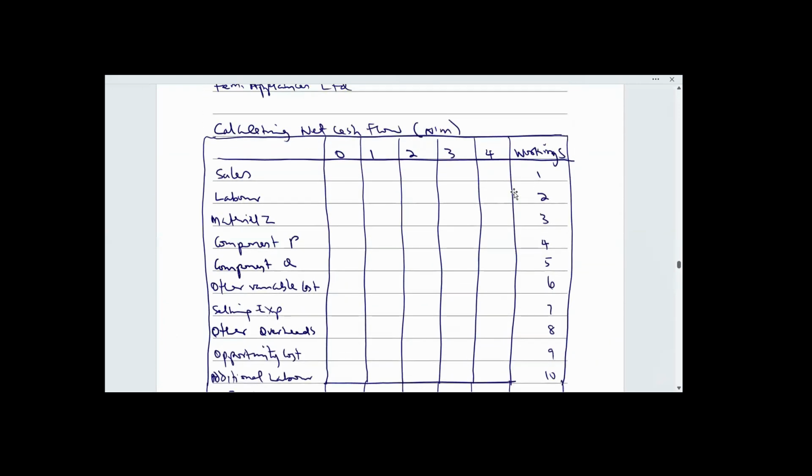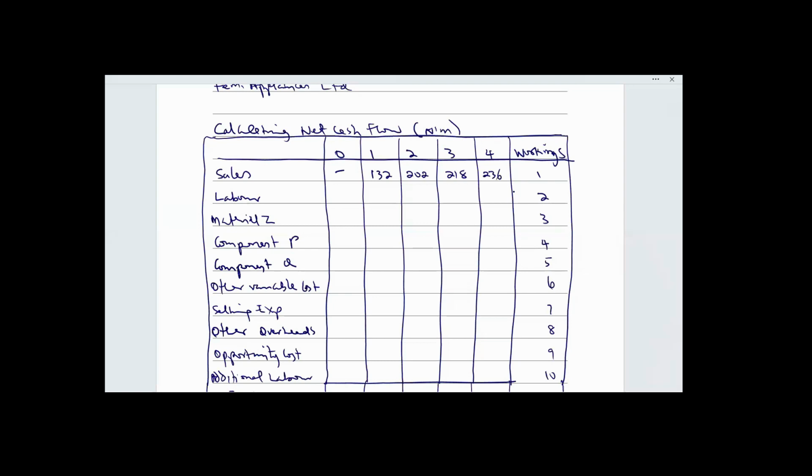Sales, year 1: 132. Am I correct? Yes, sir. Year 2: 202. Next, 218. Next, 236.